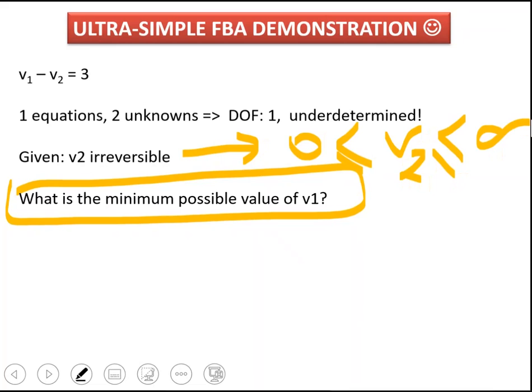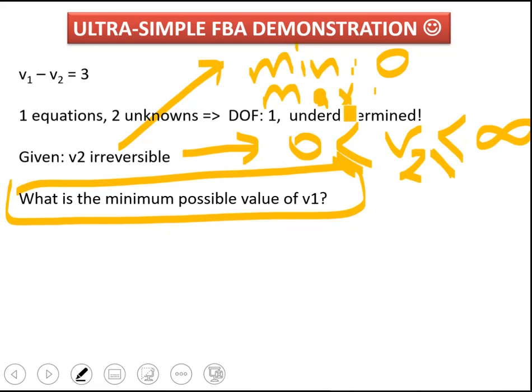Previously, I have forgotten to put those equal signs, but they can also be 0, of course. So the minimum value of V2 is 0, and maximum value of V2 is infinity. And we want the minimum value of V1.